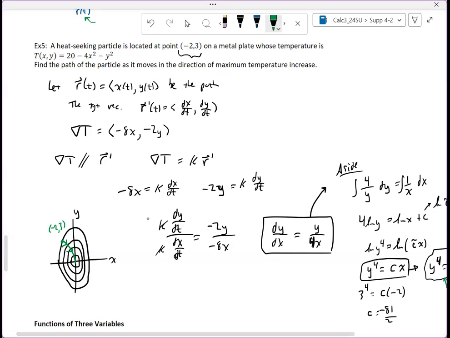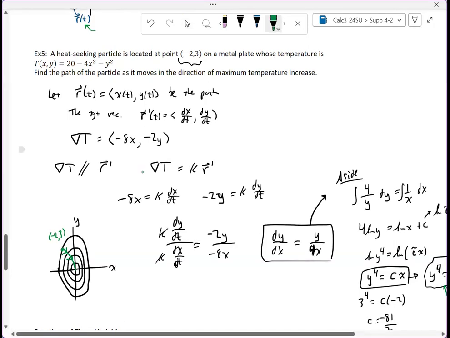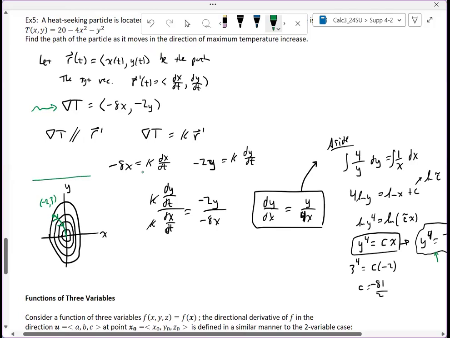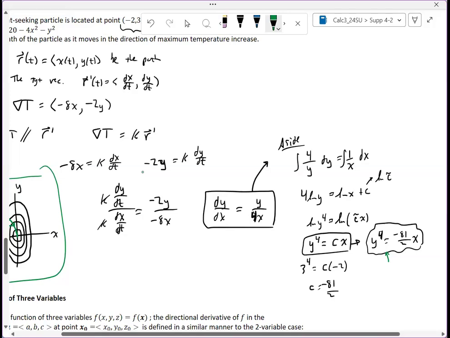So we're going towards the origin and crossing those level curves at 90-degree angles to follow the gradient. Okay, so that is kind of a picture of our solution as well as the algebraic solution.